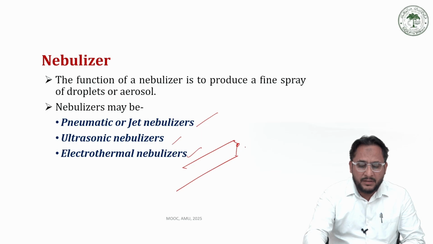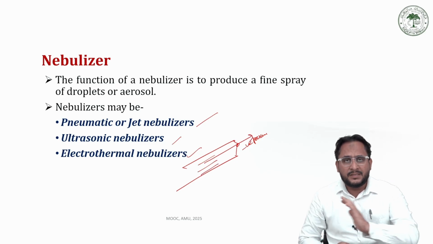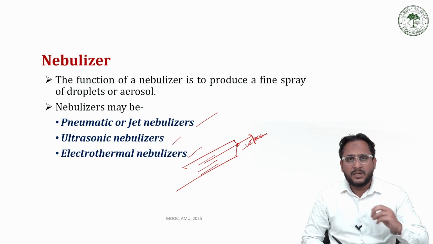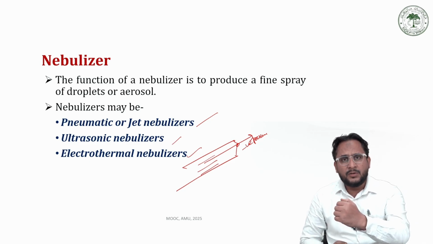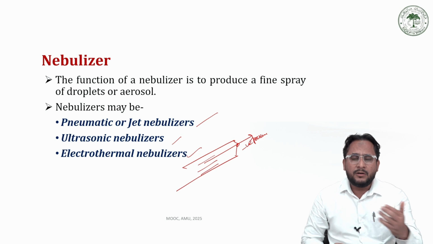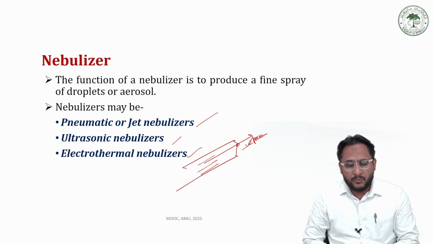The nebulizer creates a negative pressure on this side, which means that the pressure inside this vessel is very high, which pushes the sample with very high force, resulting in an aerosol that immediately enters either the flame for direct aspiration or a graphite furnace if we are using an electrothermal atomizer.